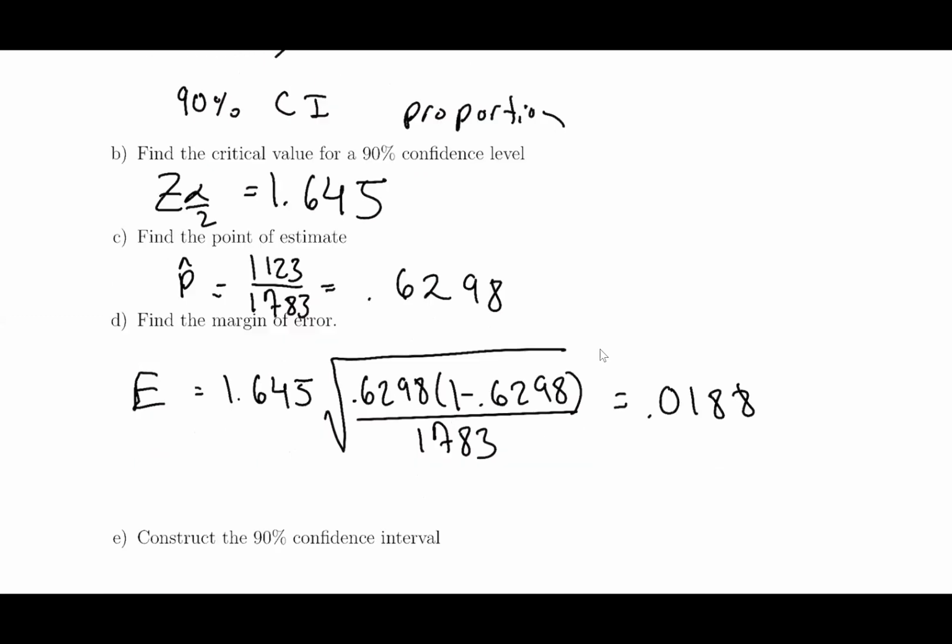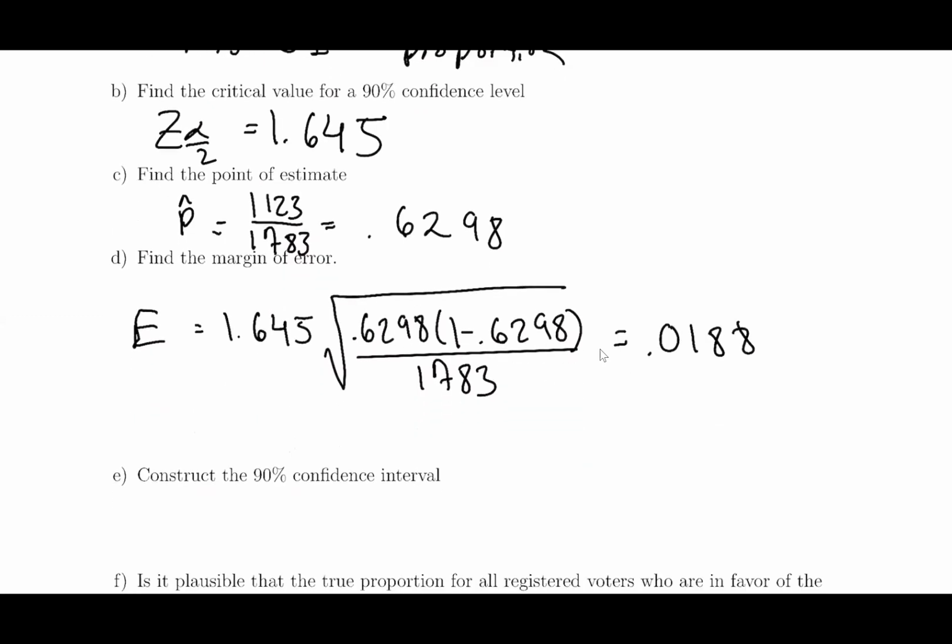All right, and then lastly, to find the confidence interval, we get the point of estimate, and we add and subtract our margin of error. So let me go ahead and do that.